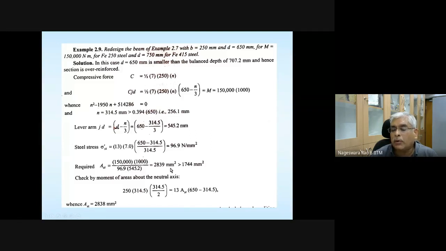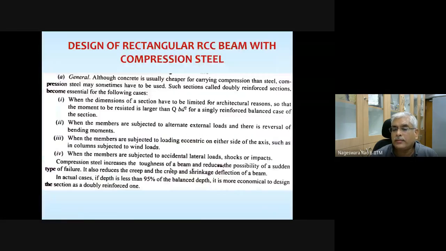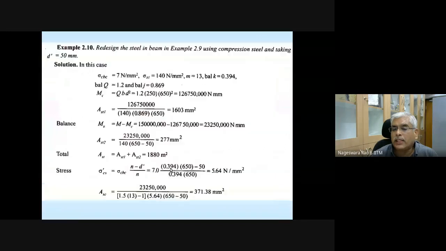And now you see the amount of steel here is far less than that. This one, 880, is almost 1000 mm square less. So it's not economical to design it as an over reinforced section. Instead, you can design it as a doubly reinforced section.